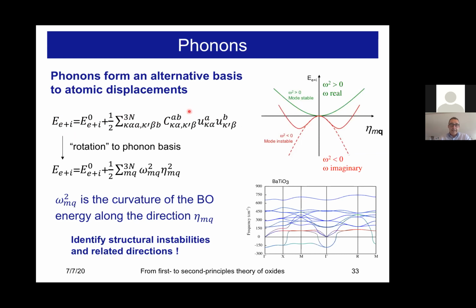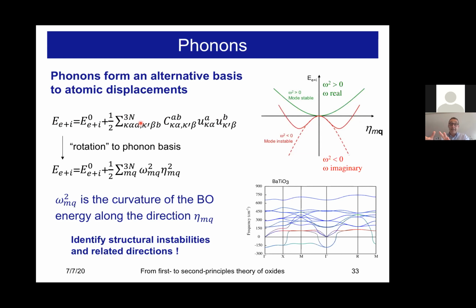And here, basically, you have 3n degrees of freedom, as you can imagine that the Born-Oppenheimer energy depends on the position of individual atoms that you can move individually along X, along Y, and along Z.